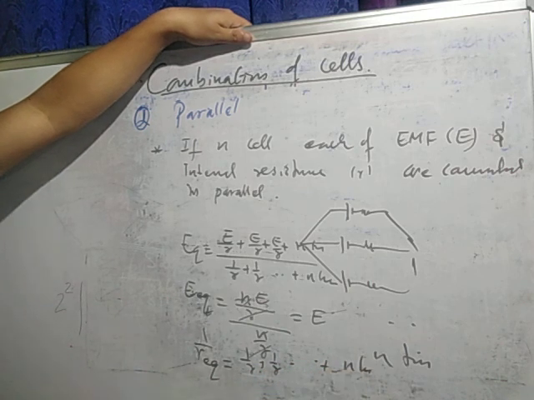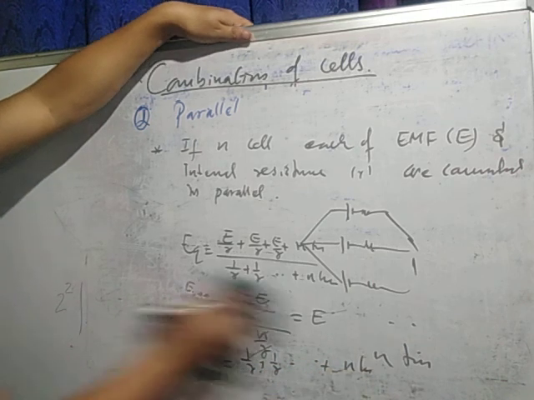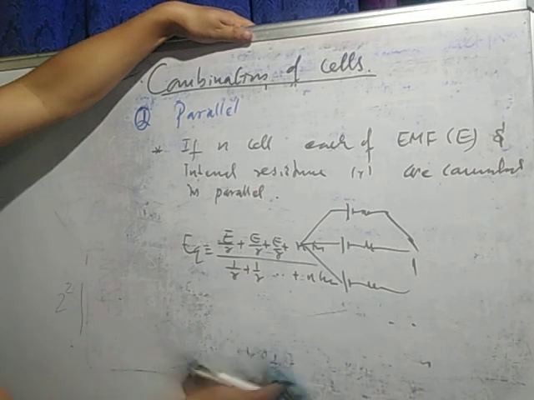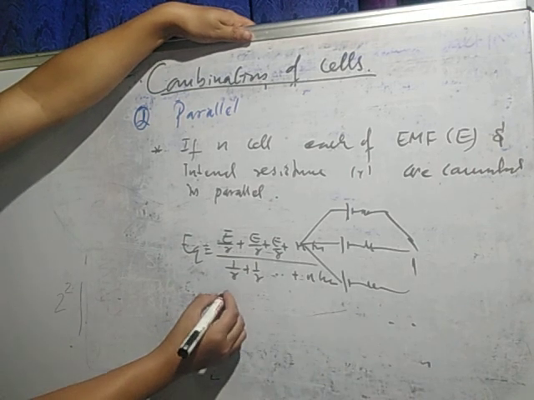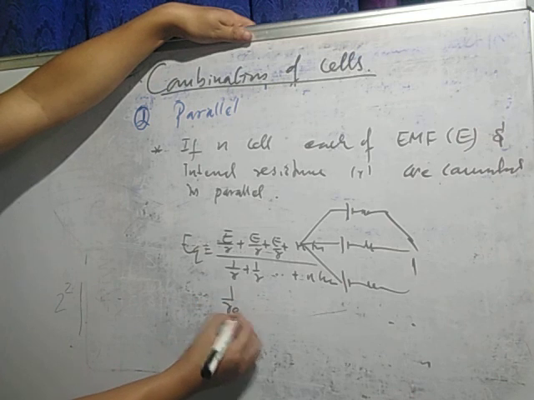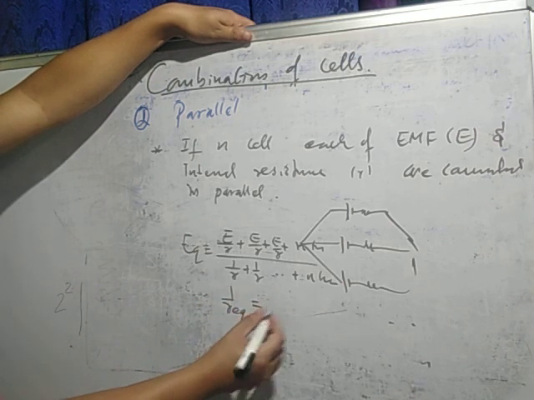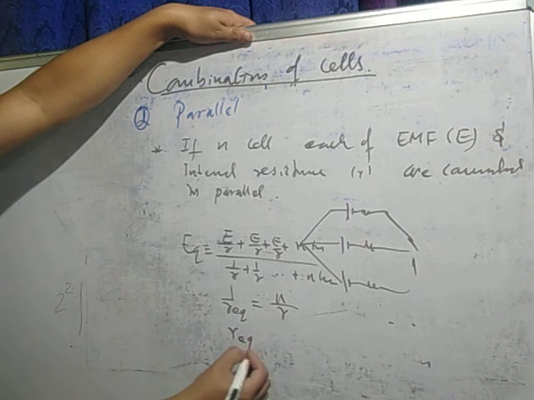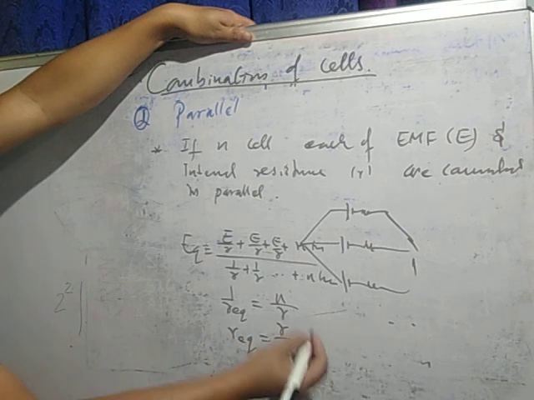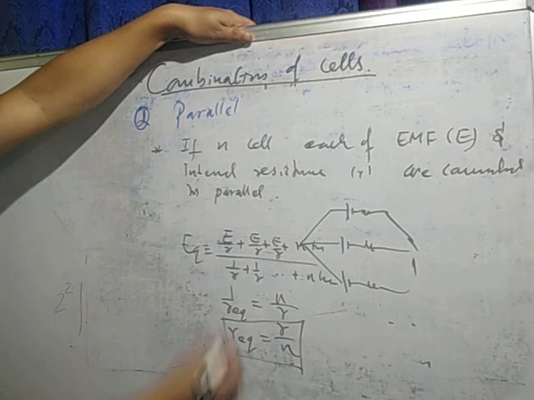So up to n times. So 1 by R equivalent equals to n by R. So R equivalent equals to R by n. Remember this formula. Okay.